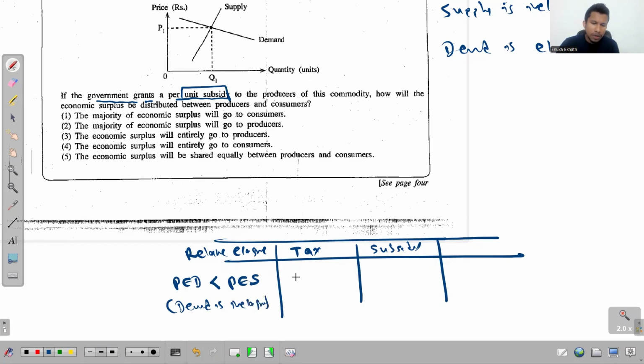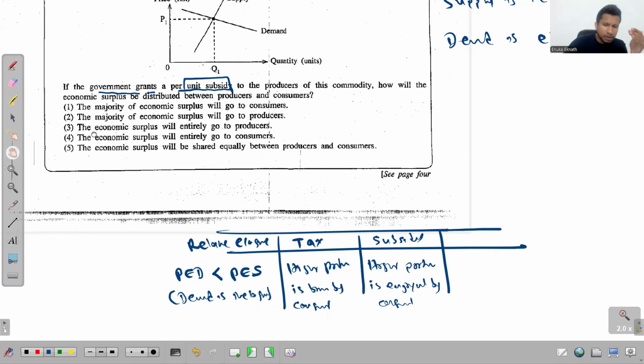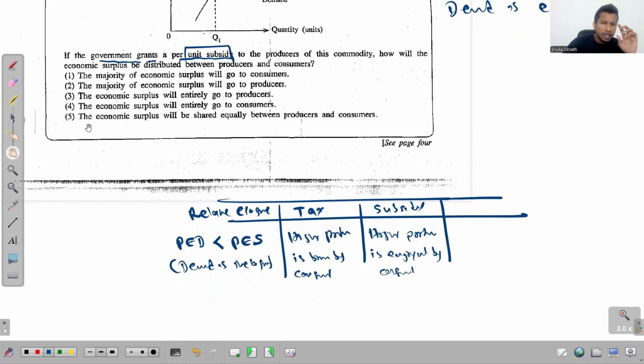If it's a tax, a higher portion is borne by the consumer, and if it's a subsidy, again a higher portion is enjoyed by the consumer. So it doesn't matter whether it's a tax or subsidy, always a higher portion goes to the consumer if demand is inelastic.